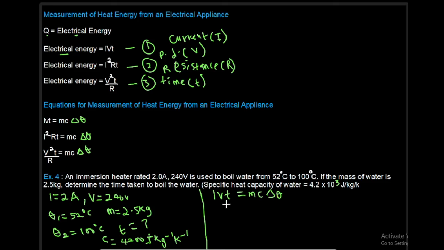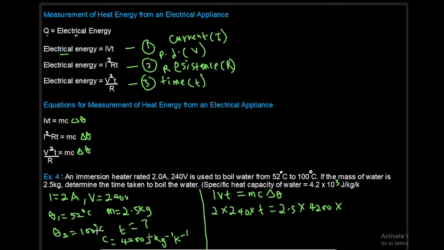I is 2 and V is 240, multiplied by time, which is unknown, equals the mass, which is 2.5, multiplied by the specific heat capacity, which is 4,200, multiplied by the temperature change, which is final temperature minus initial temperature.